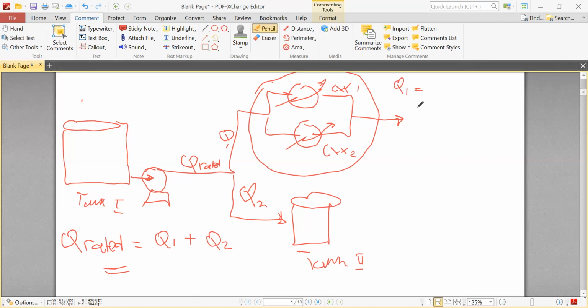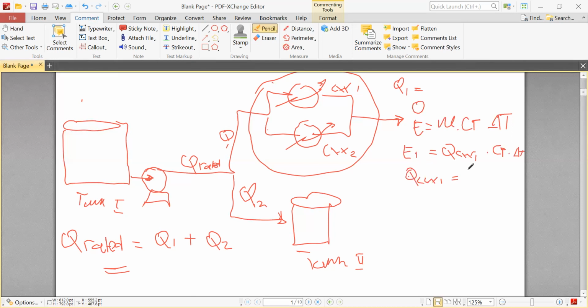You can just use the energy balance, that the heat is m Cp delta T, and for heat 1 you can write Q CW1 = m CW1 Cp delta T, and then you can get the m CW1.